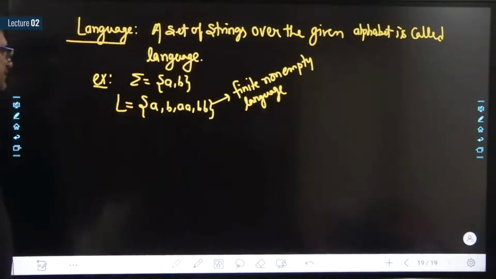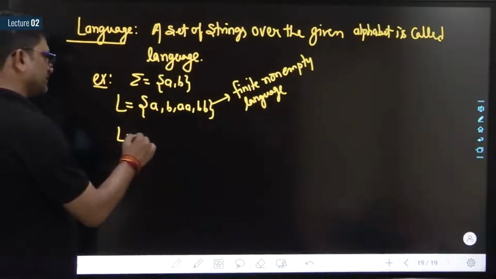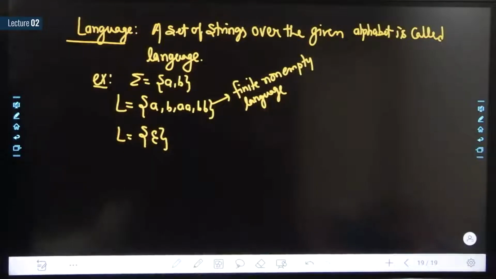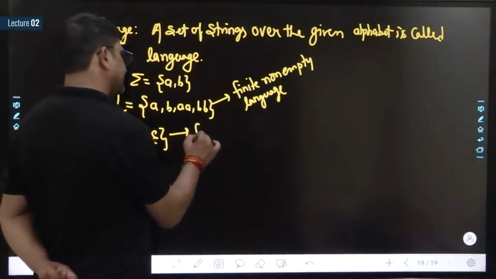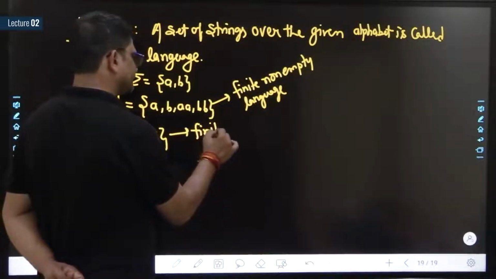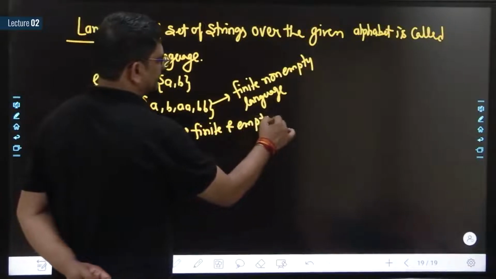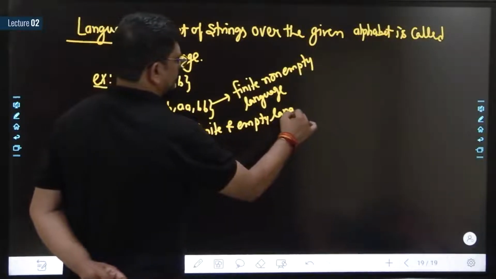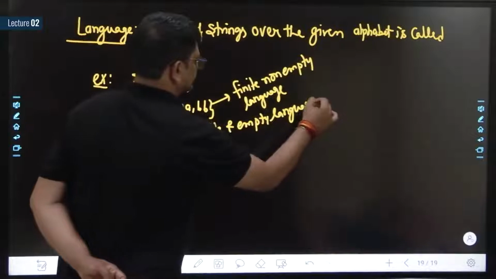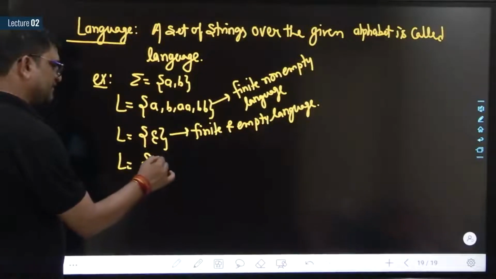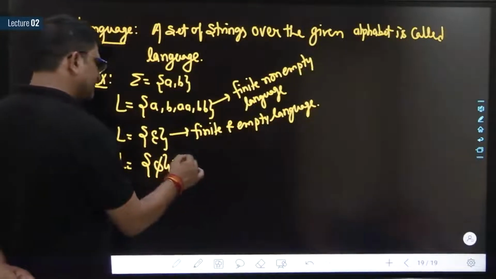Clear? Next one is phi. This is the finite empty language.